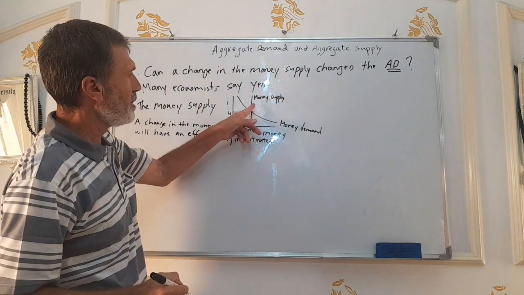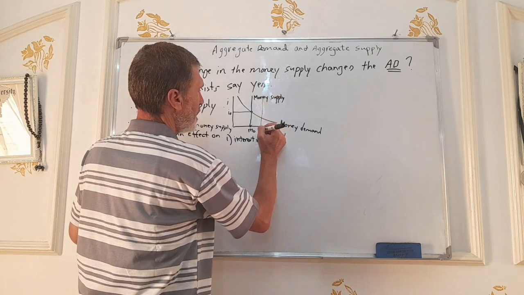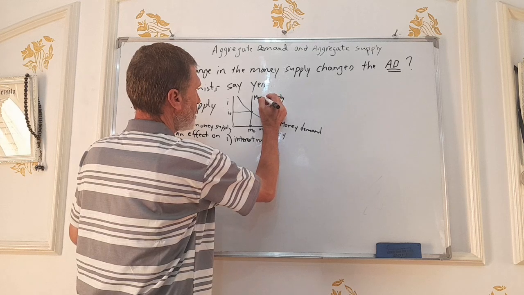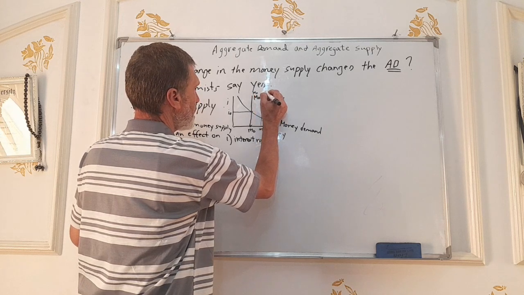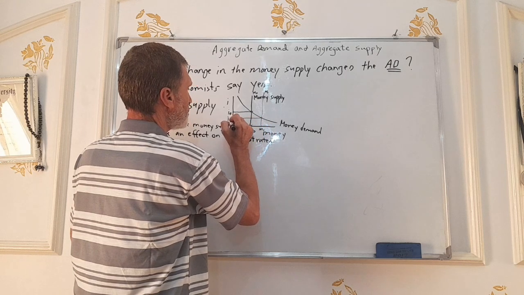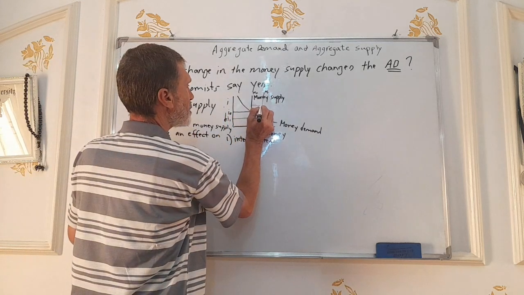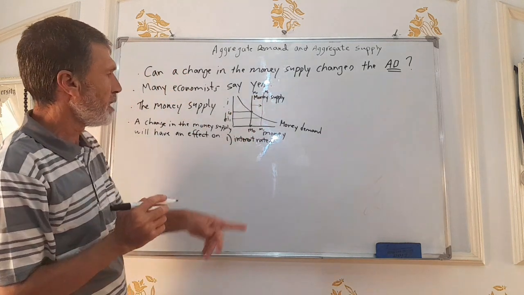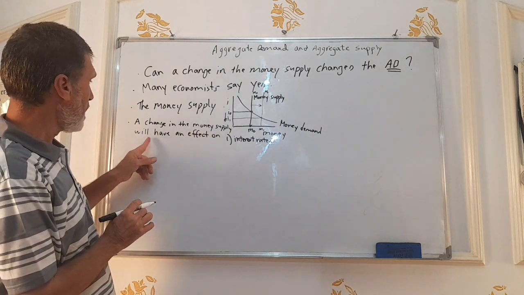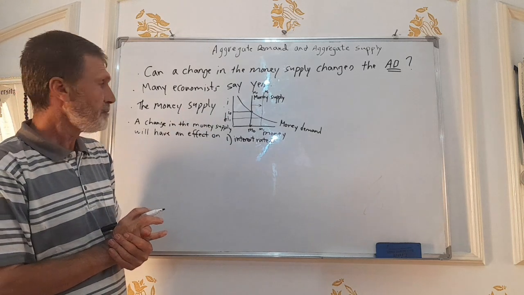Because when the money supply increases, let's say increases to here, M1, what happens to the interest rate? This is the money supply, this is M0, this is M1. What happens to the interest rate? It goes down. So when the money supply increases from M0 to M1, the interest rate will decrease. So a change in money supply will have an effect on the interest rate, whether it increases or decreases.